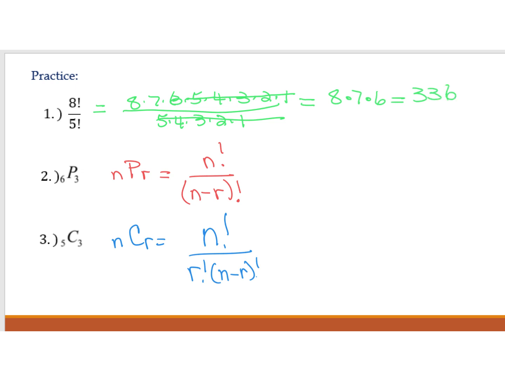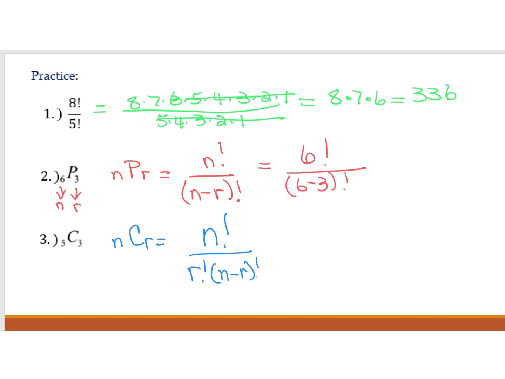Okay, on my second example, I'm looking at a permutation. I have n objects, which is 6, and I have 3 that I am taking, which is r. So I'm going to replace into this formula my n factorial, which is going to be 6 factorial.